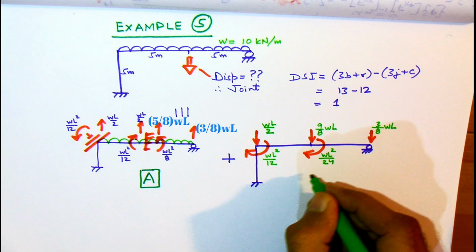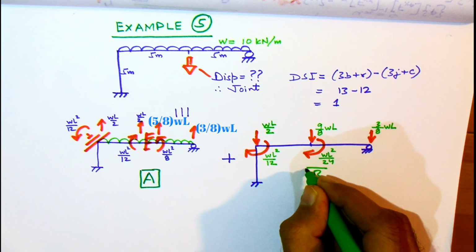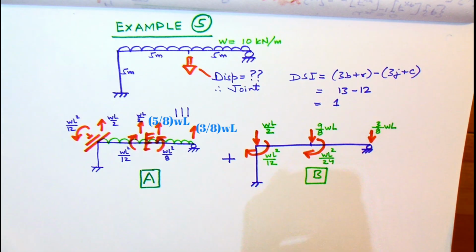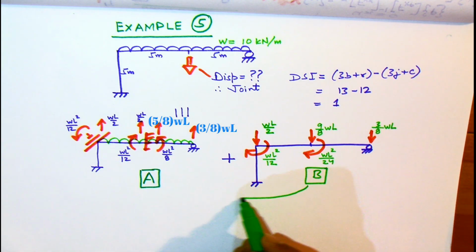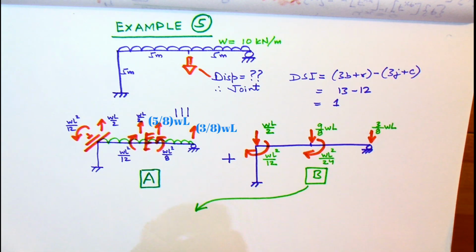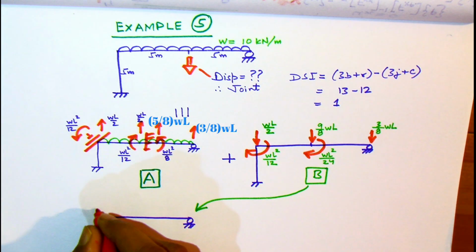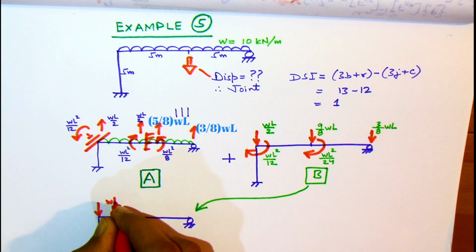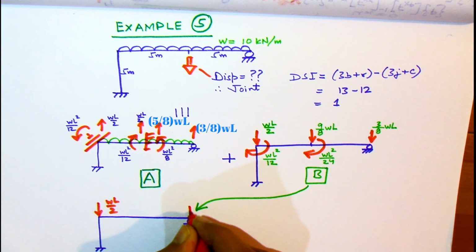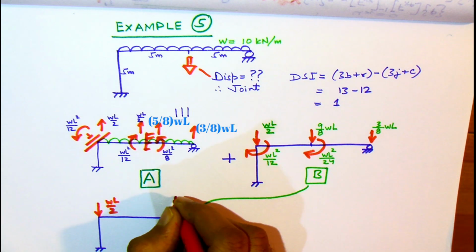Now this also can be broken down into two parts so as to further simplify. So we have two forces like this, WL by 2 and then another force 3 by 8 WL. Now what is the effect of these two forces? For these two forces we need not do a rigorous analysis.